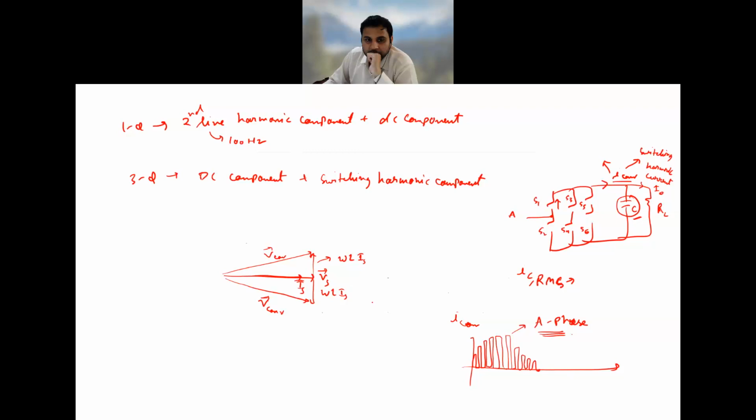What we have already seen is that whenever V converter is leading Vs, the power is flowing backward, from the V converter to Vs, or to the source. In this case it is forward, which means the power is flowing from the Vs to the V converter.